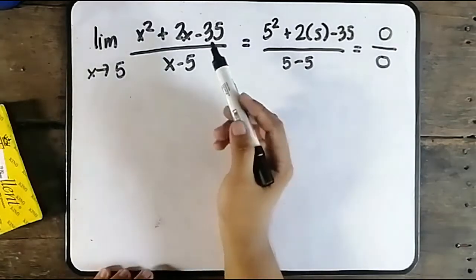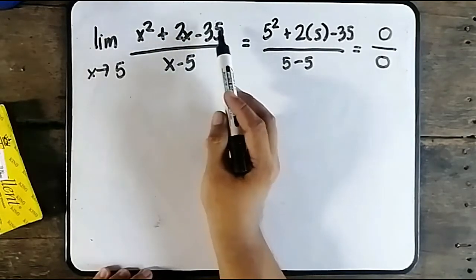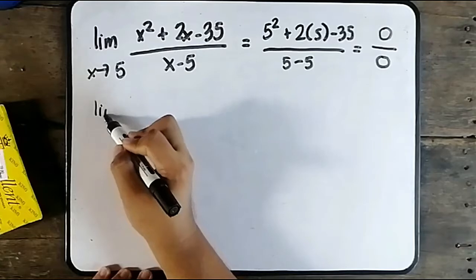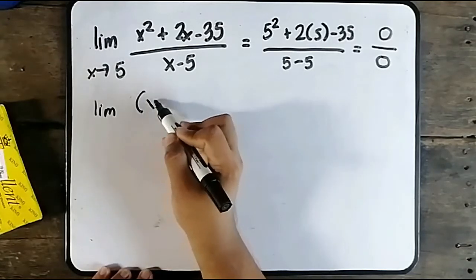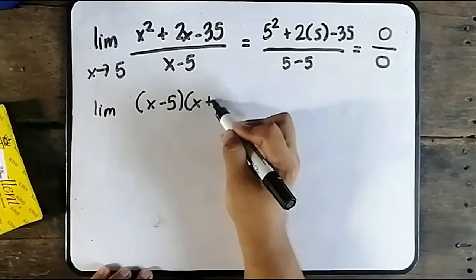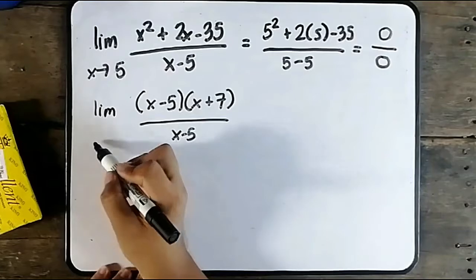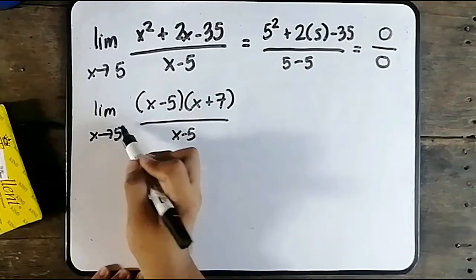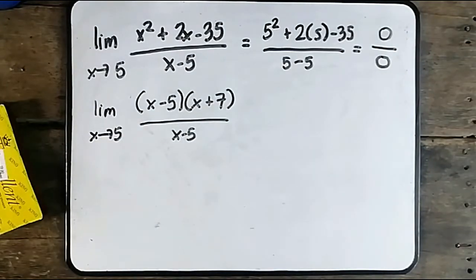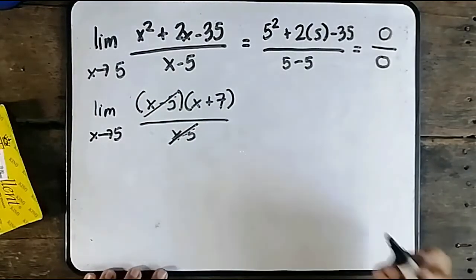However, kung i-observe niyo yung numerator natin, pwede natin siyang i-factor out. That is the limit of x minus 5 times x plus 7 over x minus 5 as x approaches 5. And we now have a common factor, that is x minus 5. So, pwede na natin siyang tanggalin.